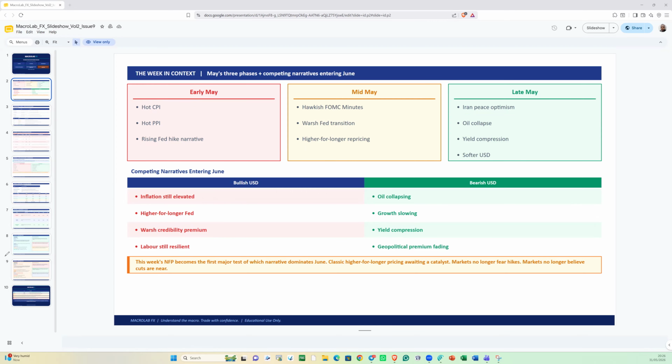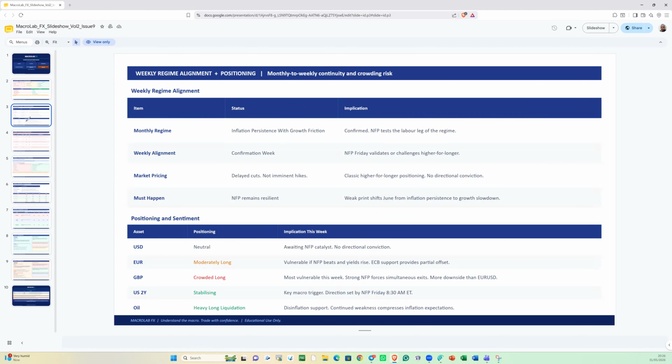Let's go into the third slide quickly. Yes, the third slide stays on what exactly is happening from the weekly alignment plus positioning to monthly to weekly continuity and crowding risk. So you can see we're looking at this perspective on this slide, particularly from the weekly regime alignment.